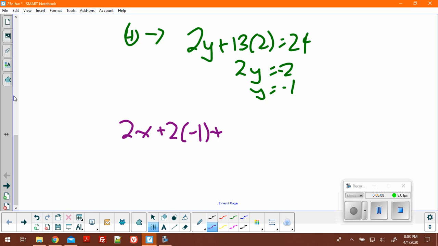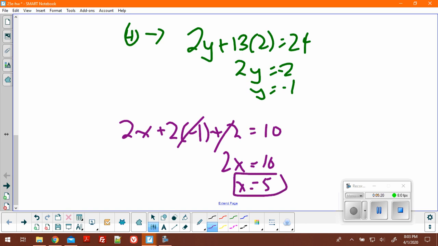Z was 2, is equal to 10. These will cancel out. So 2x equals 10. X is equal to 5. We have our solution: 5, negative 1, and 2. And the system is solved.